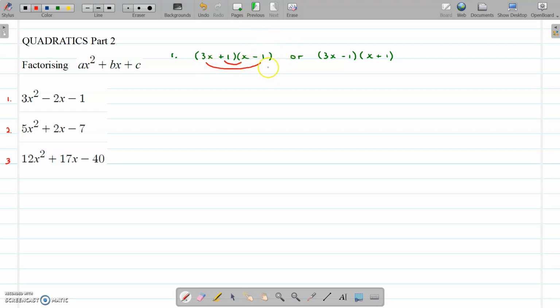That gives me minus 2x. So that's the right one. The other one would have given me 3x times 1 is 3x, minus 1x, which would have given me plus 2x. So that would have been the wrong one. This is the correct one.